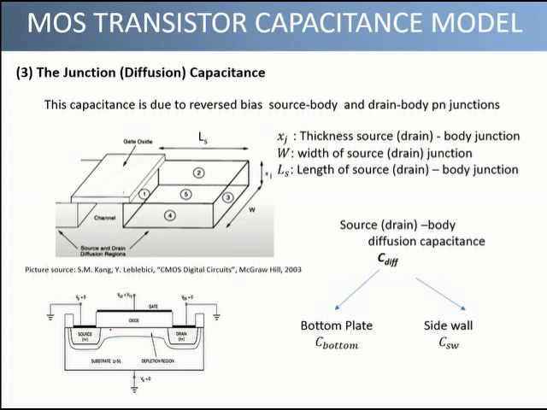Referring to the NMOS transistor over here, we can see that the source and drain regions are N plus diffusion regions and contain a large number of free electrons, whereas the substrate is p-type and contains free holes. So there are two p-n junctions over here which behave like diodes.